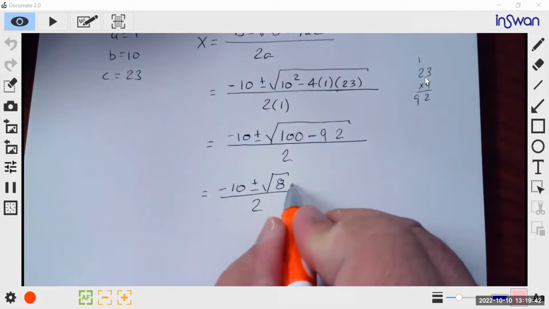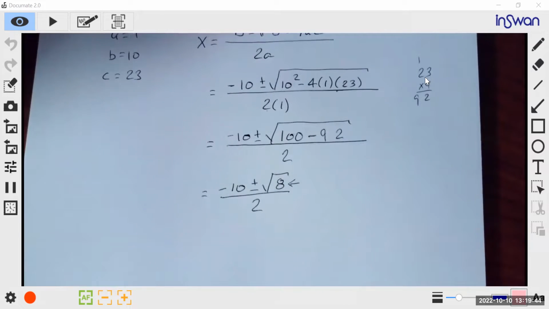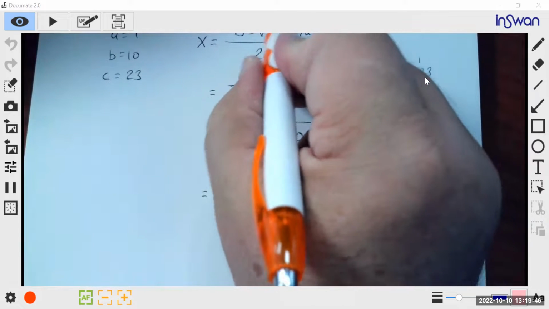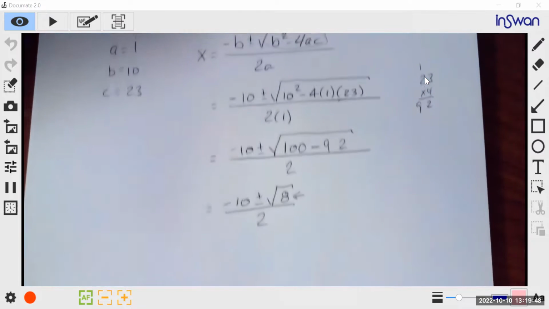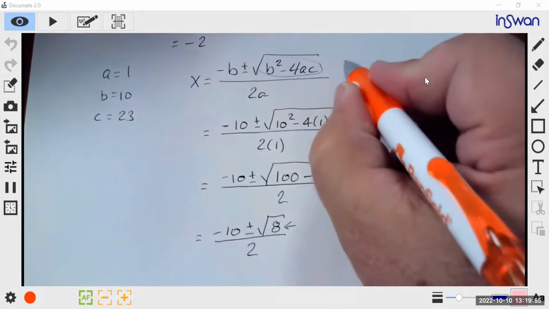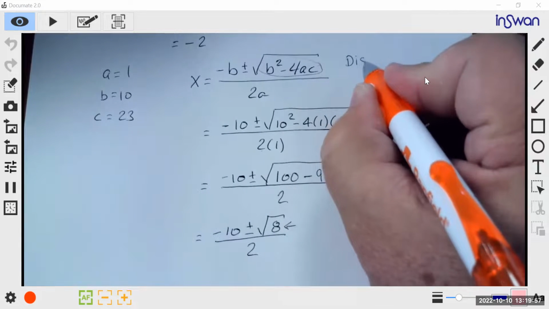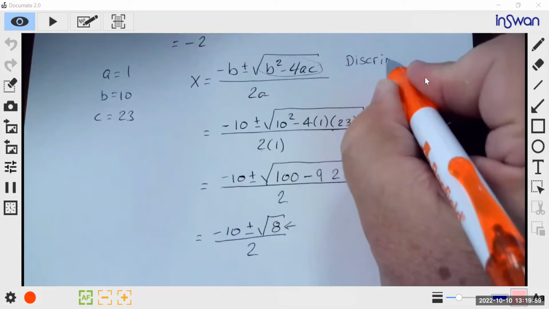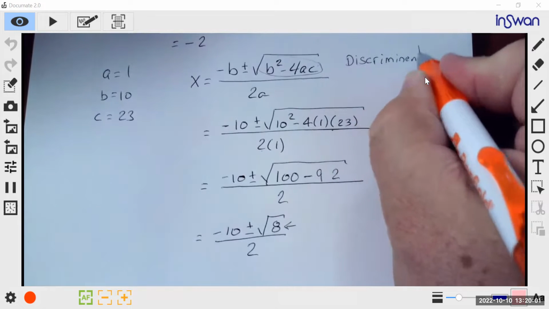Now, remember what we called this inside, the b squared minus 4ac. What is that called? Starts with a D. The discriminant.